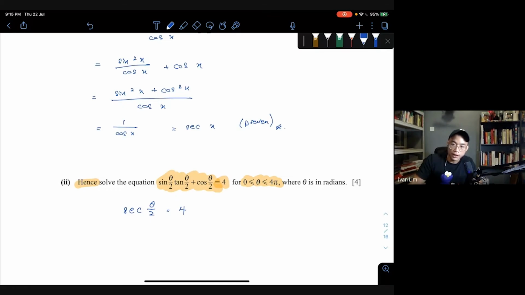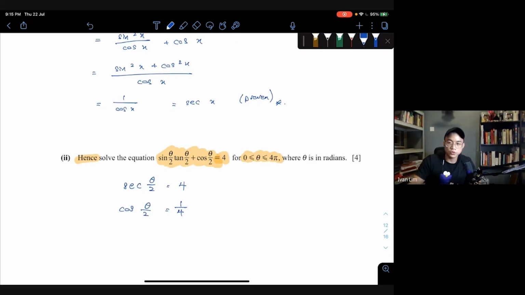I don't want to solve in secant because I can only solve in ASTC. So I change it to cos theta over 2 equals 1 over 4. Before we even find our reference angle or base angle, you actually need to observe the domain of the angle that they give you.